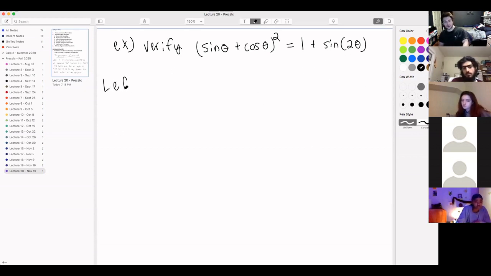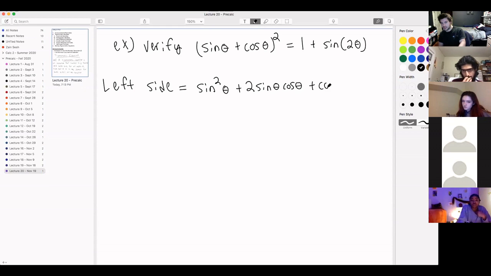Okay, so the left side is as follows. If you actually square out this parentheses here, you will get sine squared theta plus 2 sine theta cos theta plus cosine squared theta.